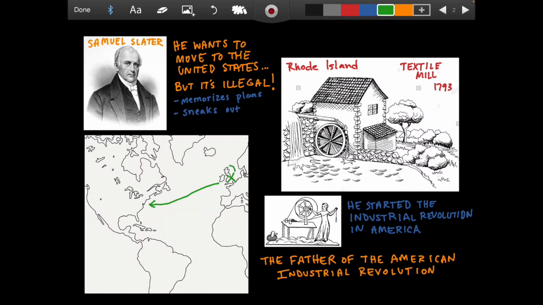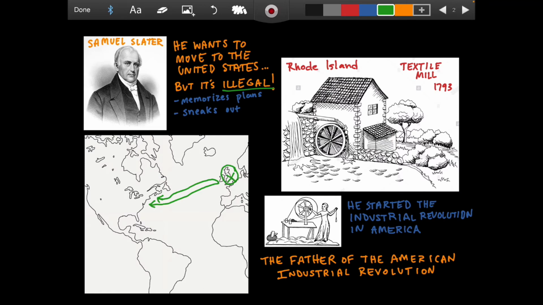It's something that's very unique to England right now, and England wants to keep it that way. It's actually illegal for him to take his ideas with him to the United States. Great Britain doesn't want any other countries to figure out how to make textiles. This gives Great Britain an economic advantage over other countries. So they've actually made it illegal to take plans for textile mills outside of Great Britain.